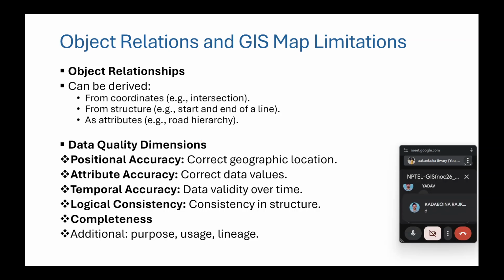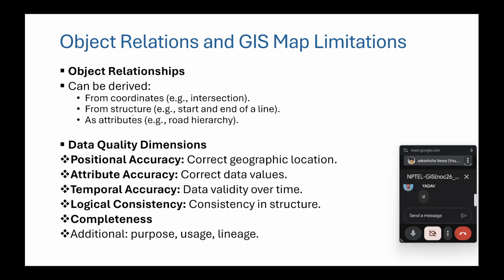Okay, so when we talk about object relationship, it can be derived from coordinates, like its spatial location, like the spatial relationships that we were talking about. So it can be derived from coordinates like intersection and how it is related to a single point.